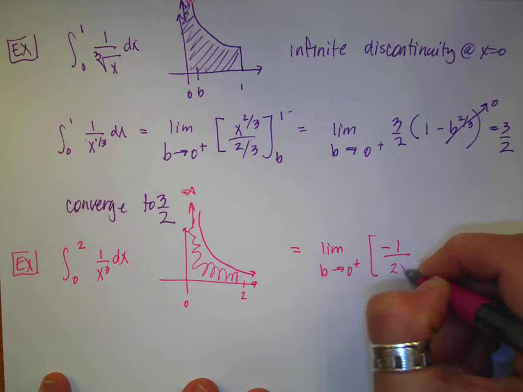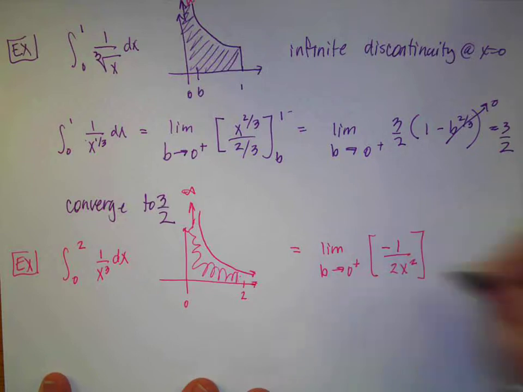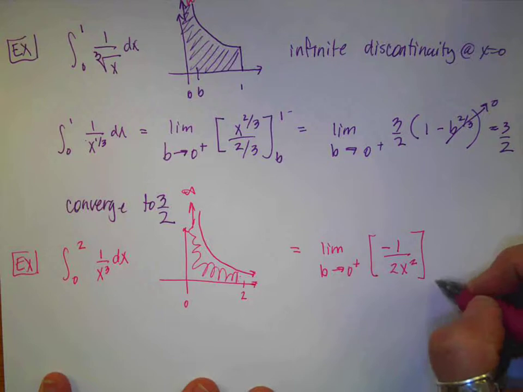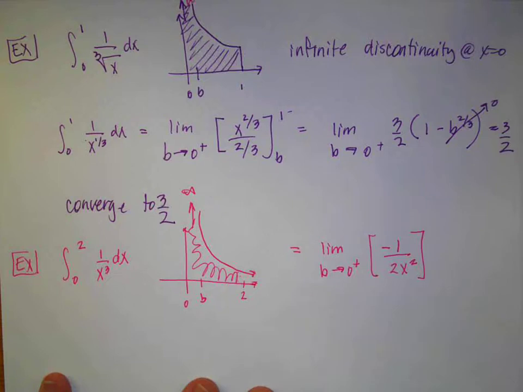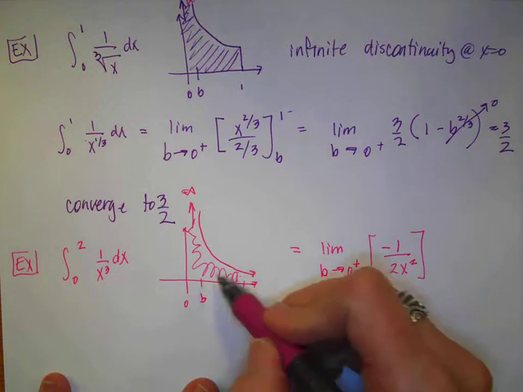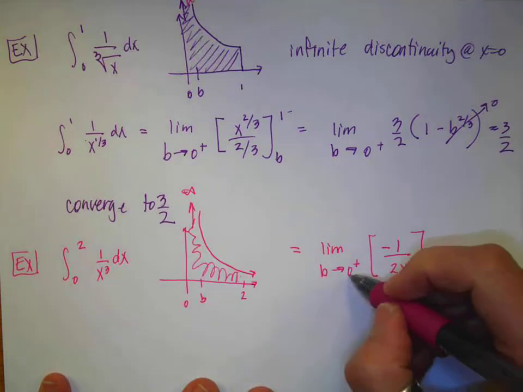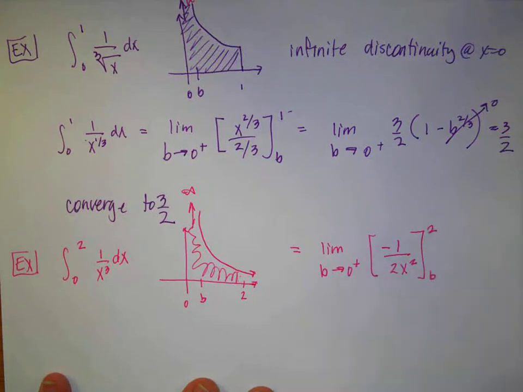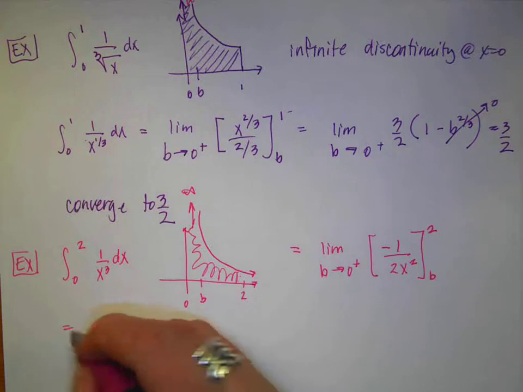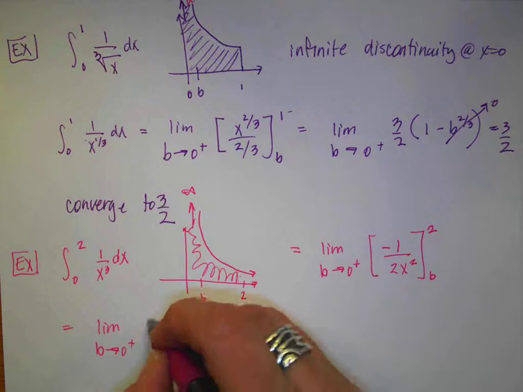So my integral is going to become the limit as b approaches 0 from the right of, when I evaluate this integral, negative 1 over 2x squared. I'm not spending a lot of time on the evaluation of the integral because we need to get through more of the process. My little b point would be somewhere in that integral as I'm getting closer to 0, coming in from the right. So this is b, and then this is 2.